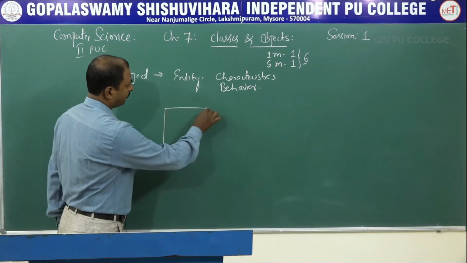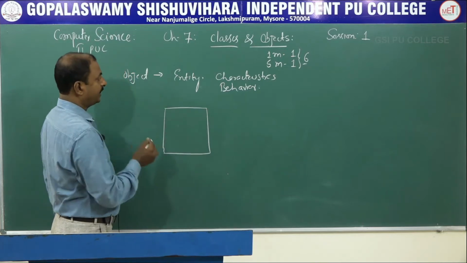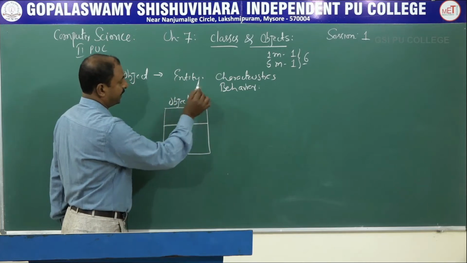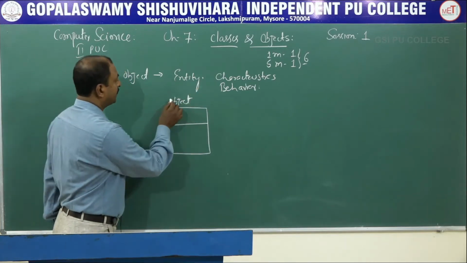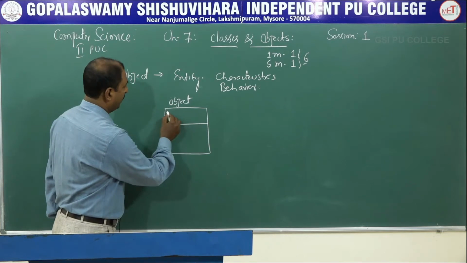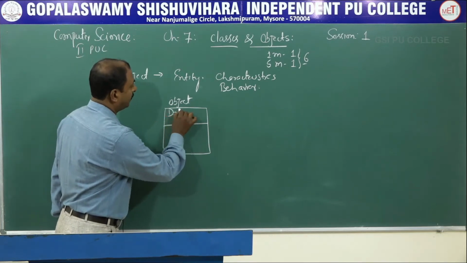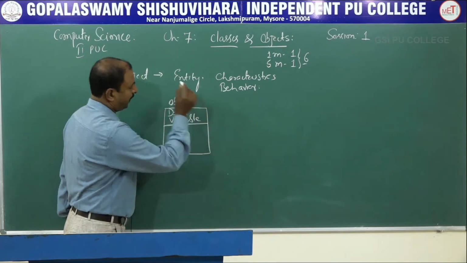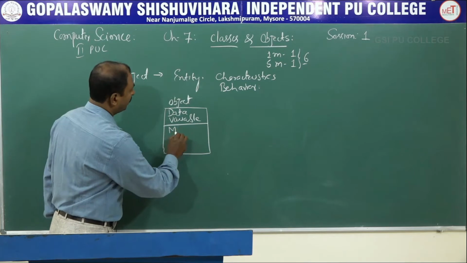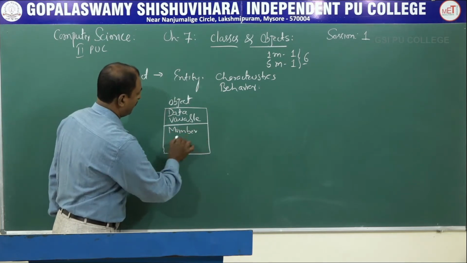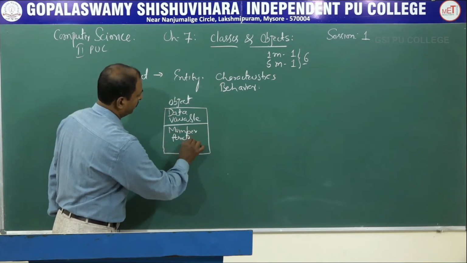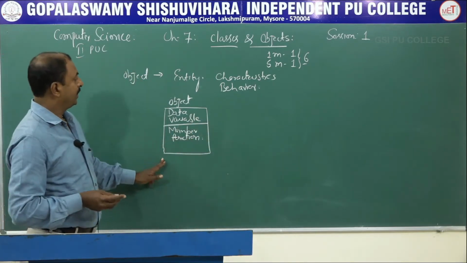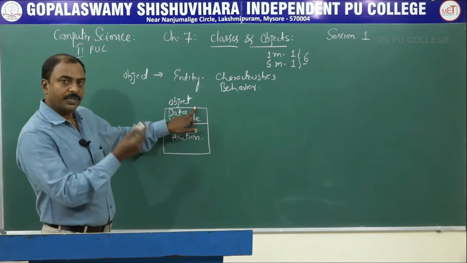Suppose this is an object. For example, this is object, and here this object having some data variables. Apart from this, we have member function. This is how we represent an object. So here, this is what you have learned in previous chapter.